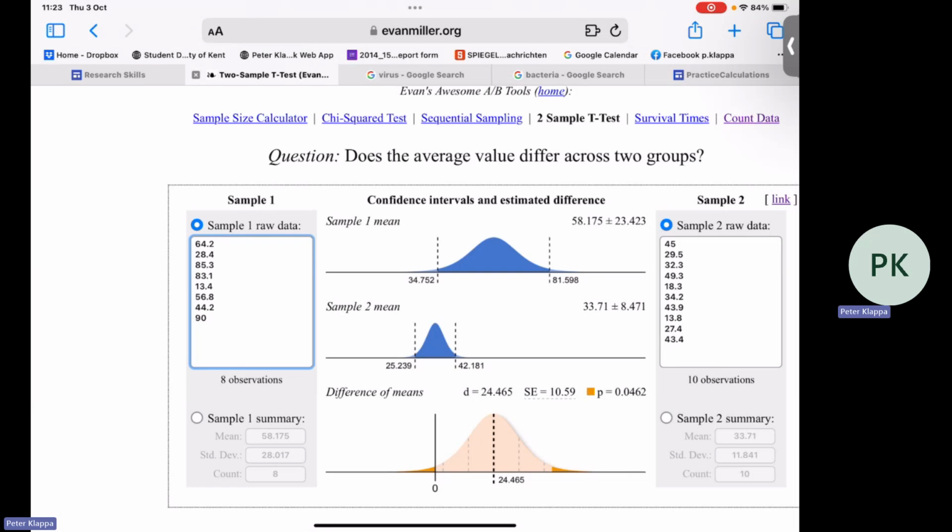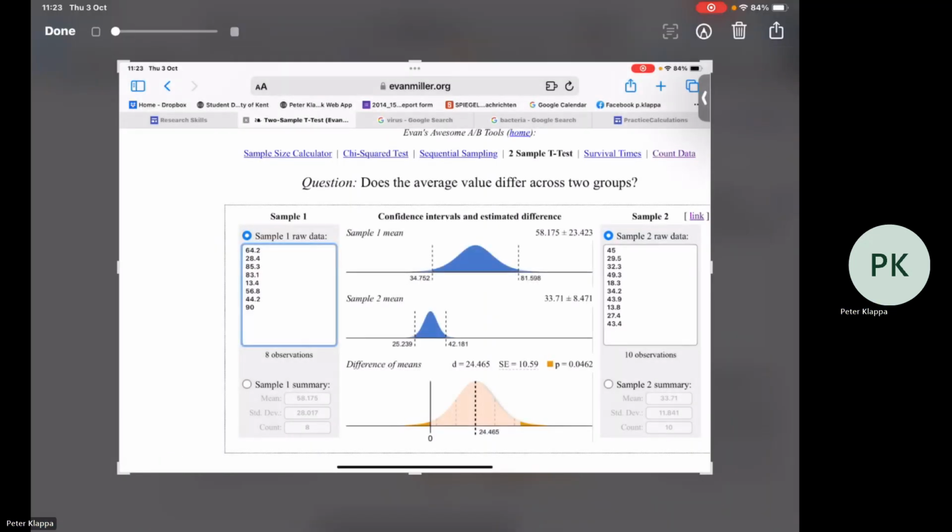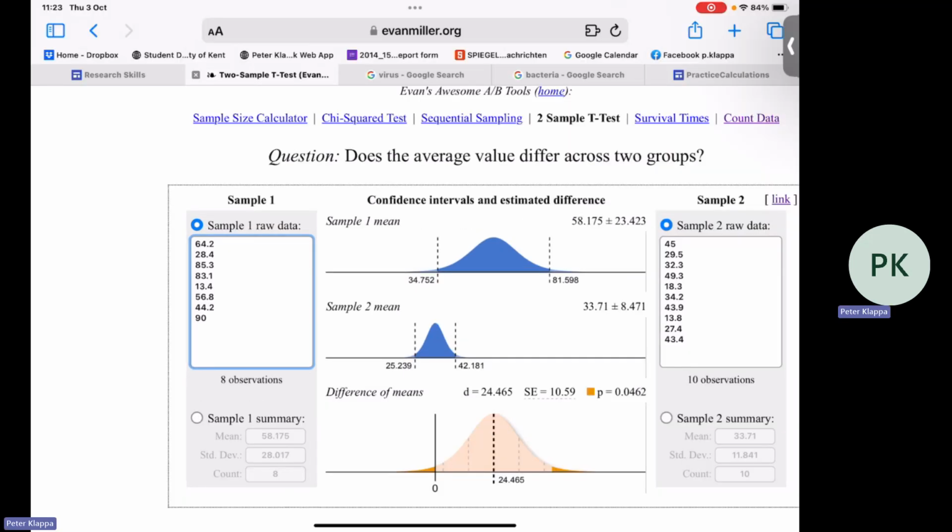If you scan that and go on the tab up there to what is called a 2-sample t-test, don't worry about the name, on this tab, you find the option where you can actually put in numbers. Here are our tumor size numbers.